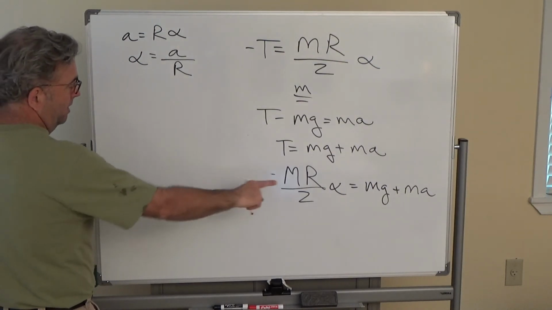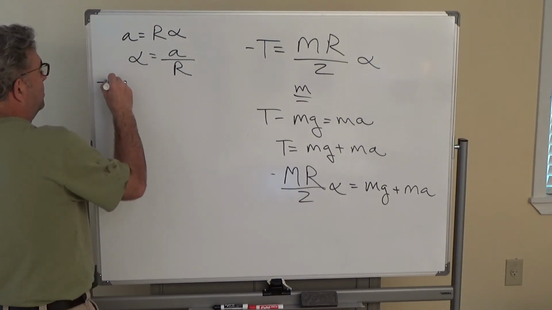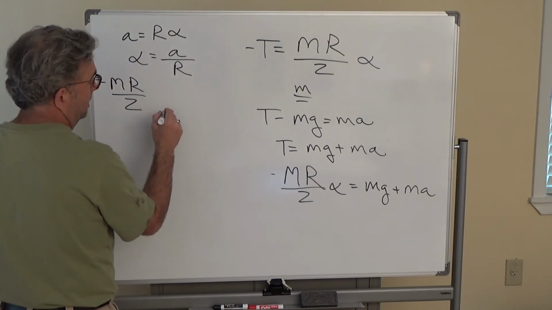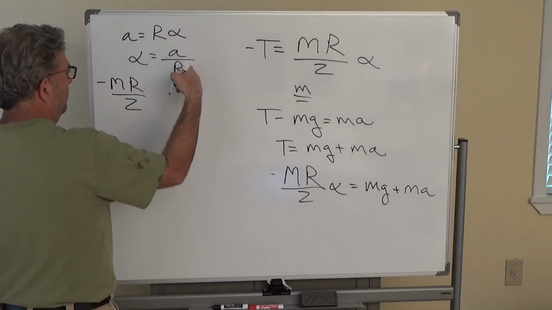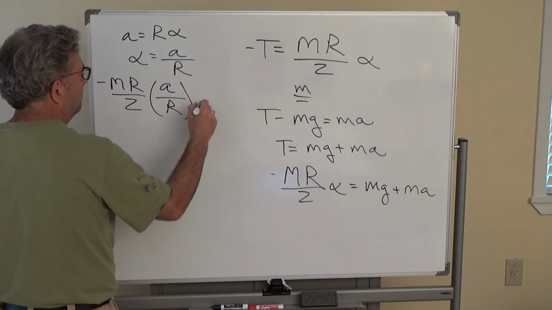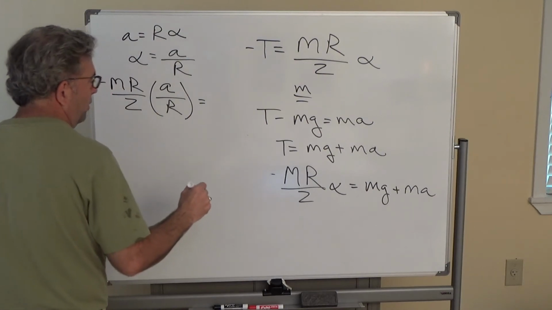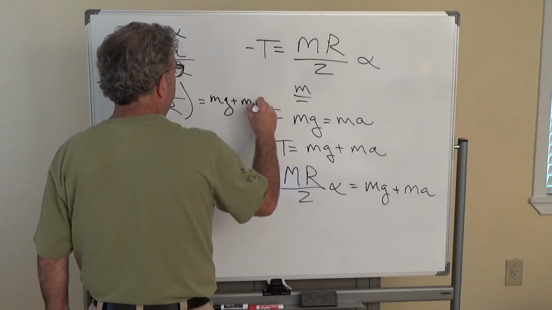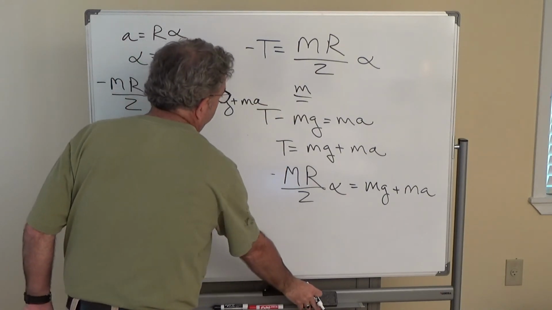So I'll plug this in here. You get minus MR over 2 times alpha, which is A over R, is equal to little mg plus little ma. I'm going to erase this.